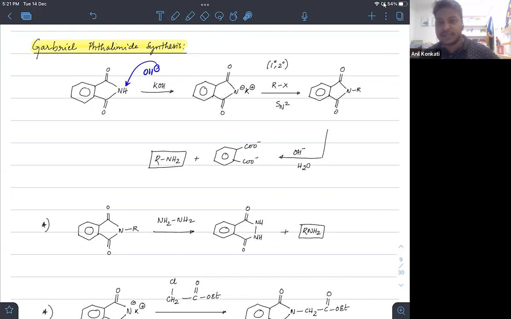So it would act slightly acidic. So OH minus will remove this H plus and we'll get N minus.